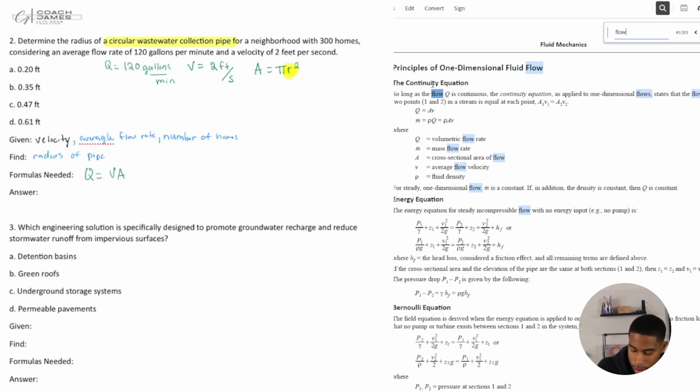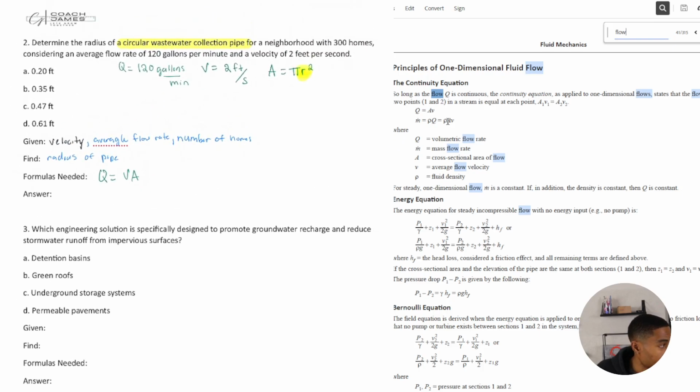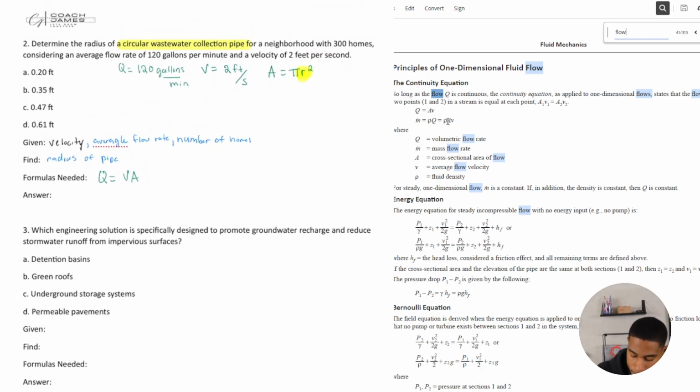Okay. So if I do Q equals V times A, then to get A, I'm going to be taking gallons per minute and dividing it by feet per second, which just doesn't make sense. So let's get everything in terms of feet and seconds. I think that'll make my life a lot easier.